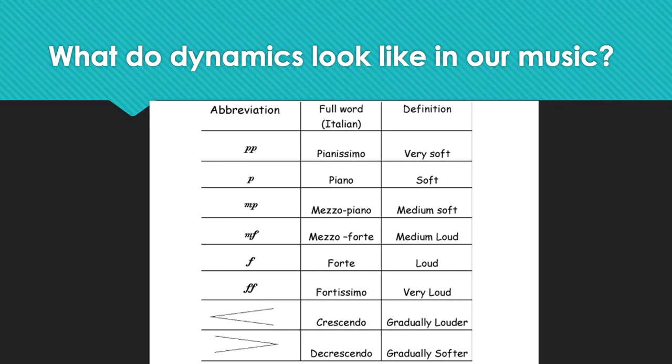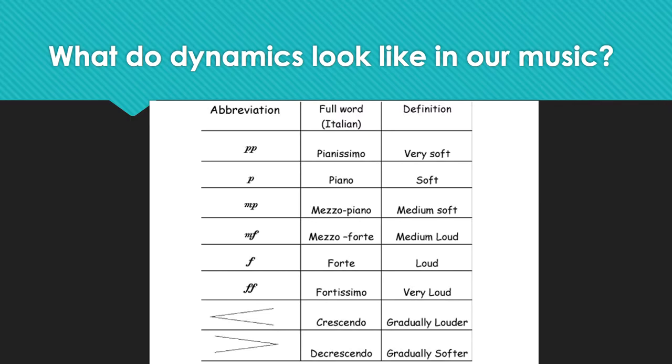We have MP, which is mezzo piano, which is medium soft. And mezzo means middle or medium. So medium loud, medium soft. MF, mezzo forte, medium loud.